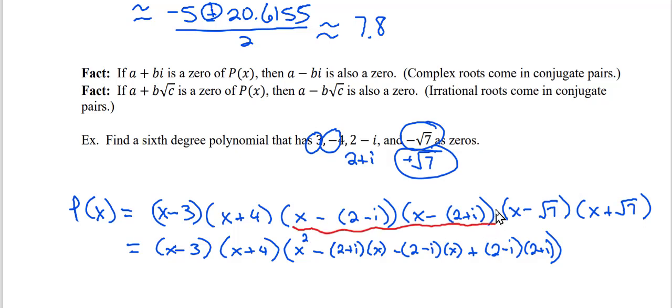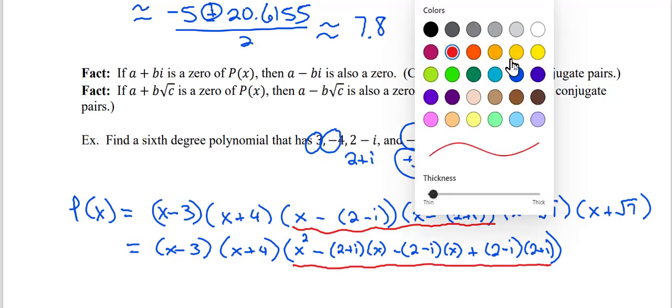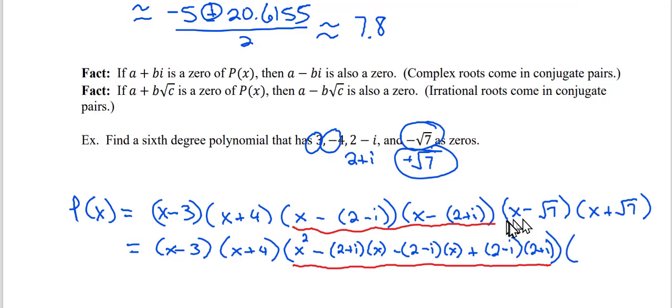Multiplying these gives what I just wrote here. Now let's go back to the blue. We'll distribute this out. x squared plus √7x minus √7x for the outside and the inside. Then when I multiply √7 times √7, I just get 7, and it's negative. So I have x minus 3 times x plus 4.